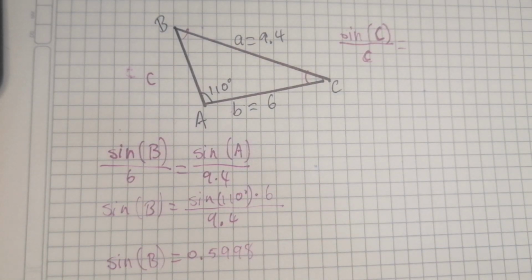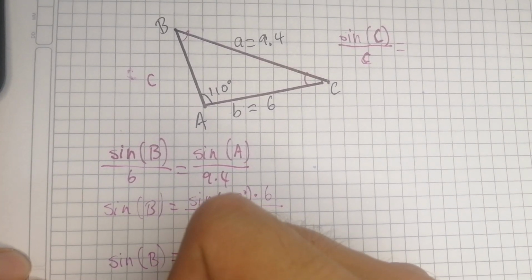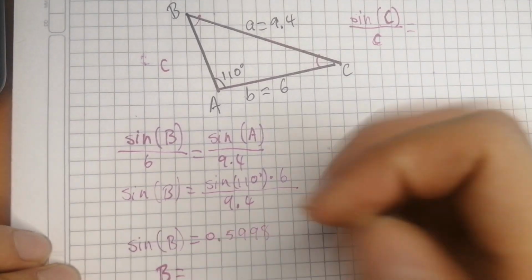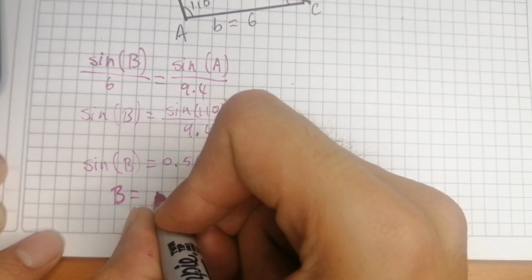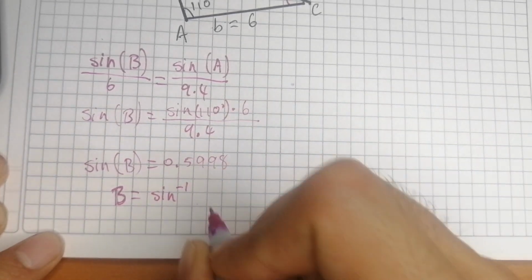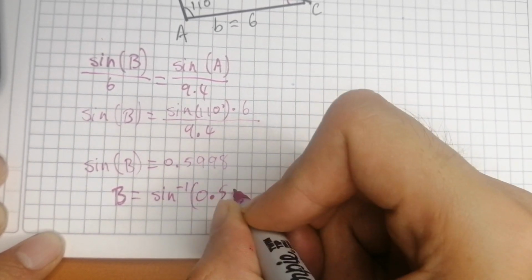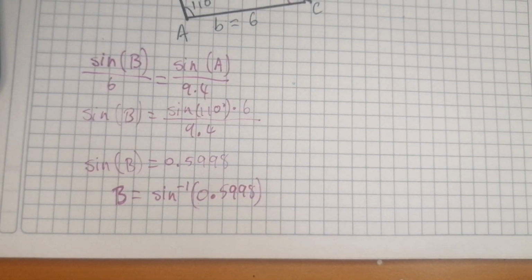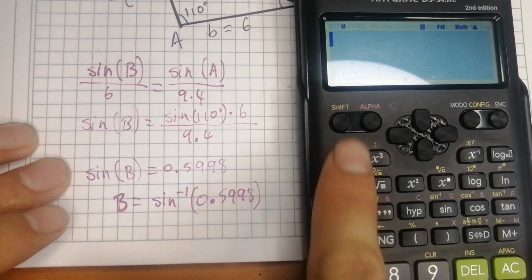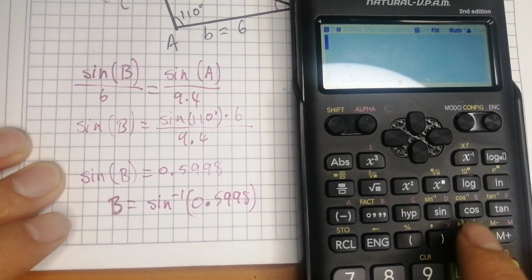Now here I can do the following trick. B is going to equal the inverse sine of what? Of this stuff that I have here, 0.5998. And remember, the inverse sine, I get to it through the shift key in this calculator.